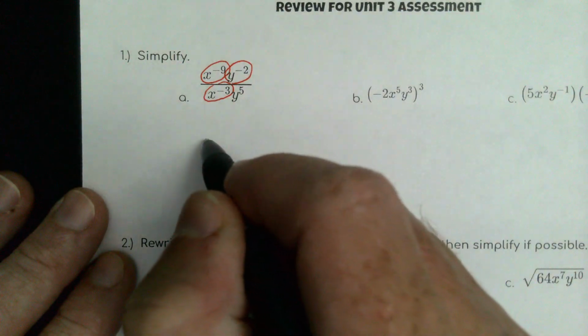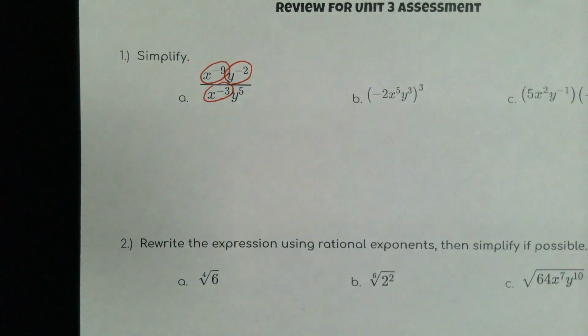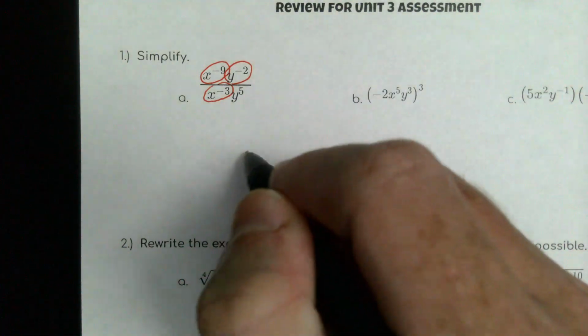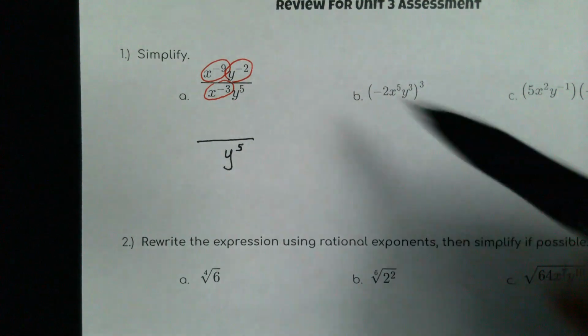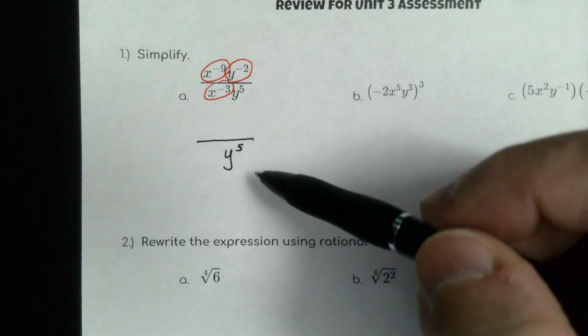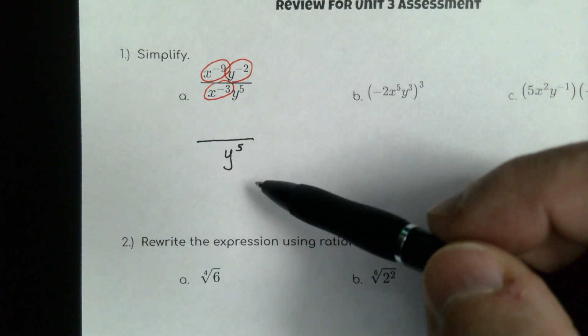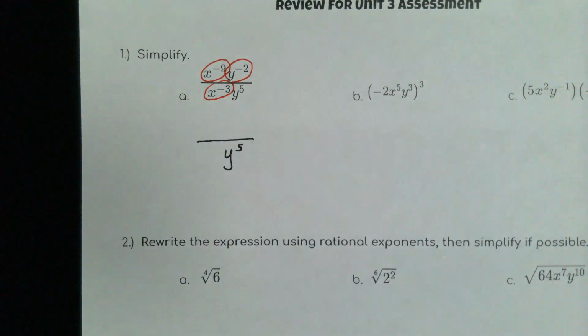So if I rewrite this, the y5 is fine on the bottom, like that. So it's going to stay there just because it's positive. One of the mistakes I see is kids wanting to move it to the top because it's positive.